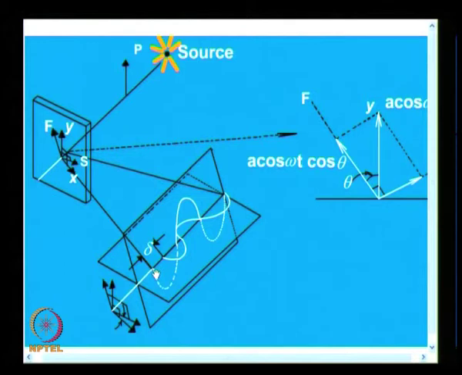So, this has traversed the thickness of the plate faster than the other wave. So, I call this axis the fast axis, and this wave has taken a little more time and it has acquired a retardation delta within the plate.